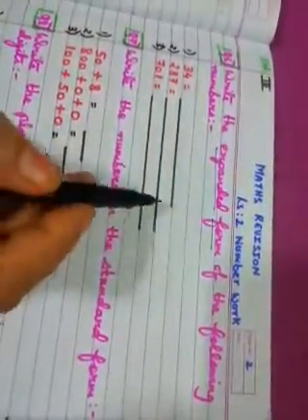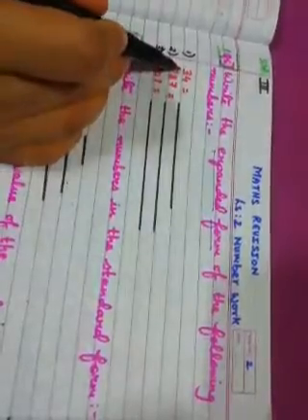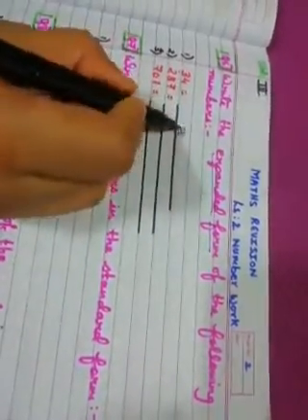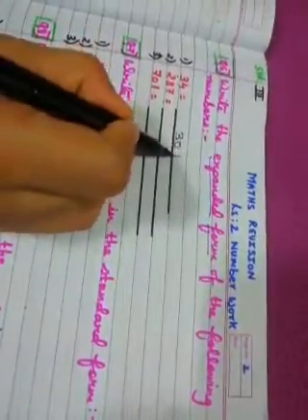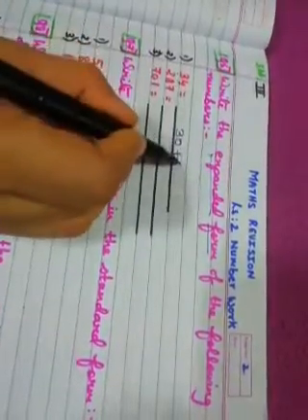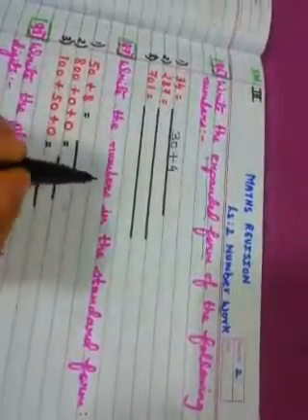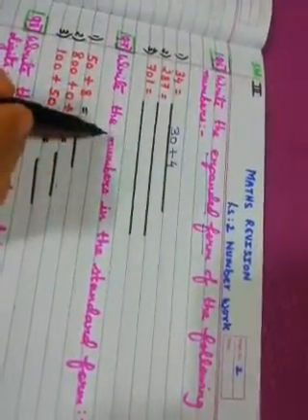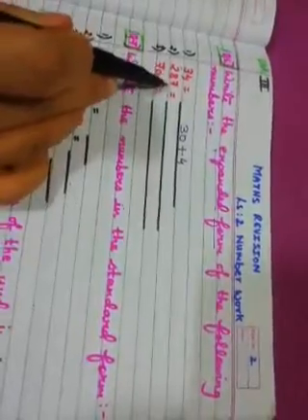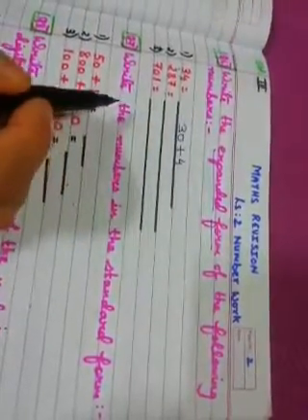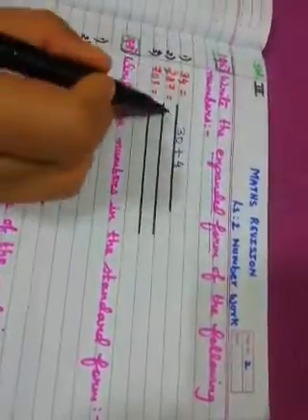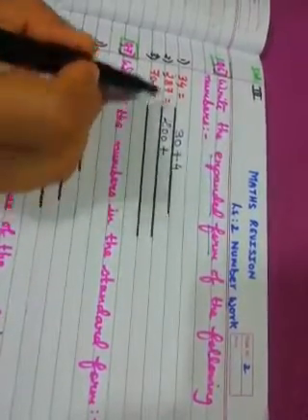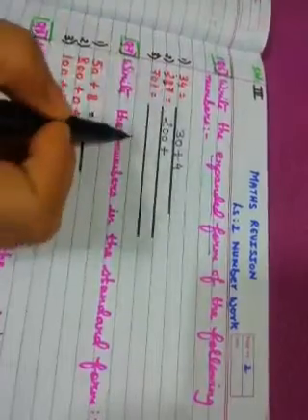Expanded form, children. 34, 2-digit number. 3 is in tens, so that is 30 plus 4, which is in units, so only 4. 34's expanded form is 30 plus 4. Next number 287, 3-digit number. 2 is in hundreds, so 200 plus 8, which is in tens.